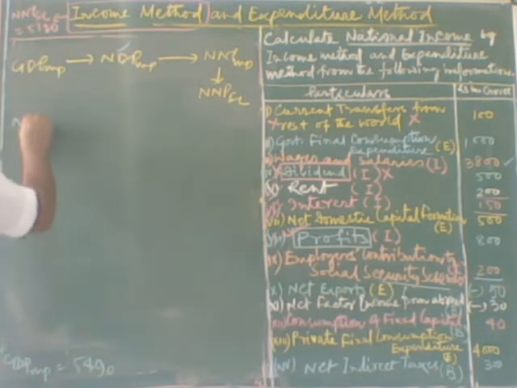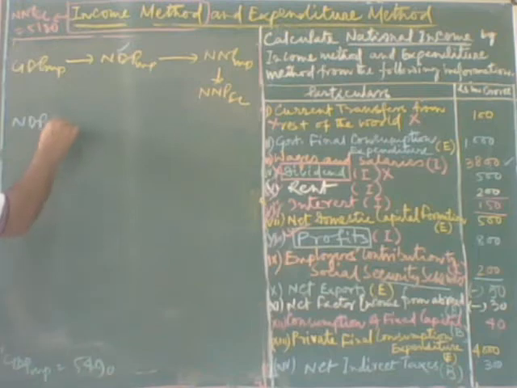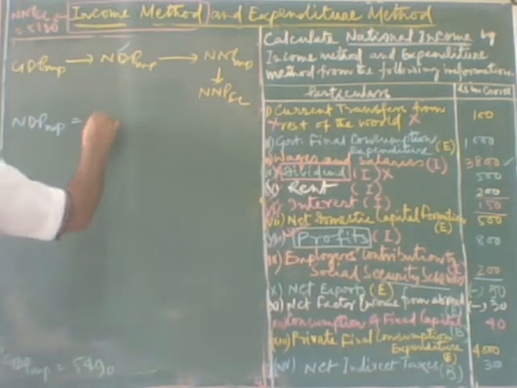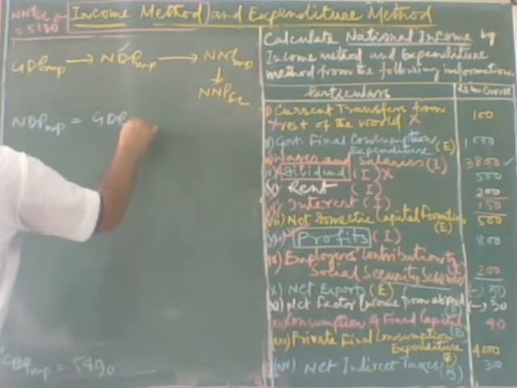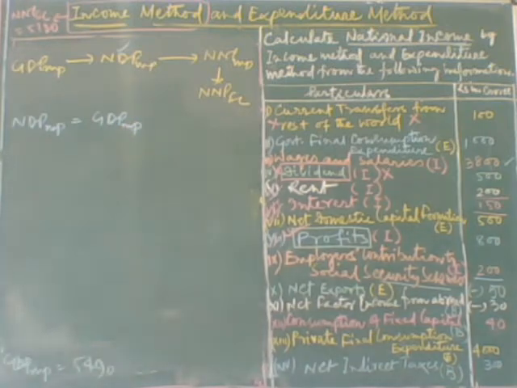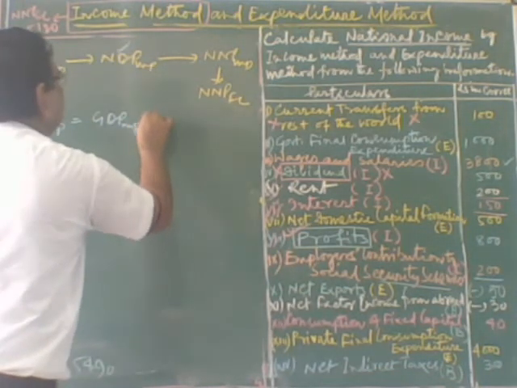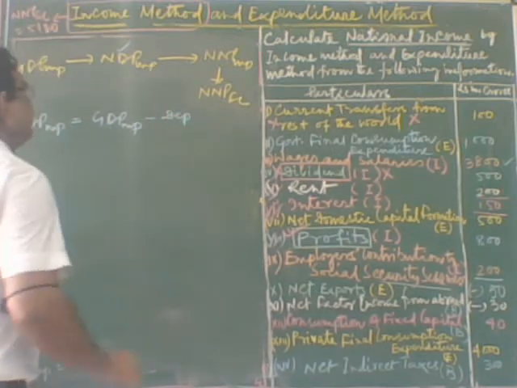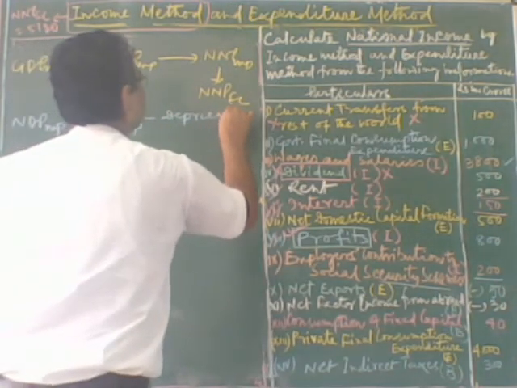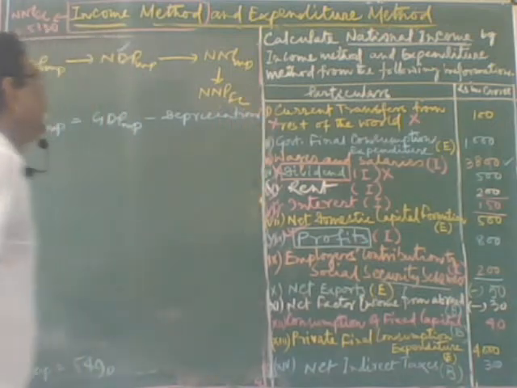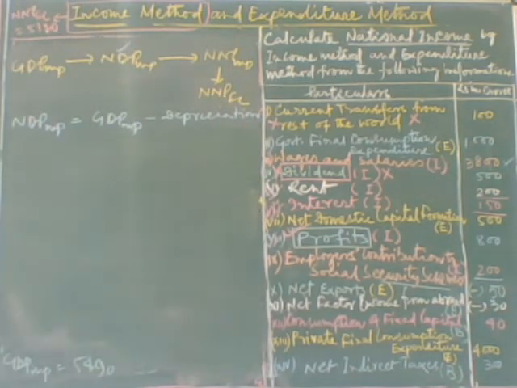The relation between gross and net: net domestic product is equal to gross domestic product minus depreciation. The bridging component is depreciation.